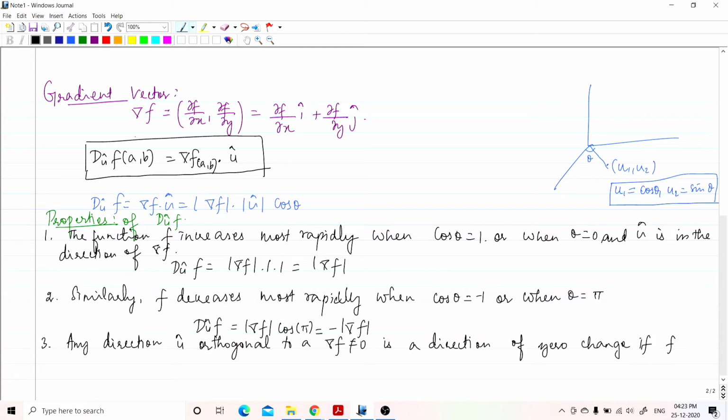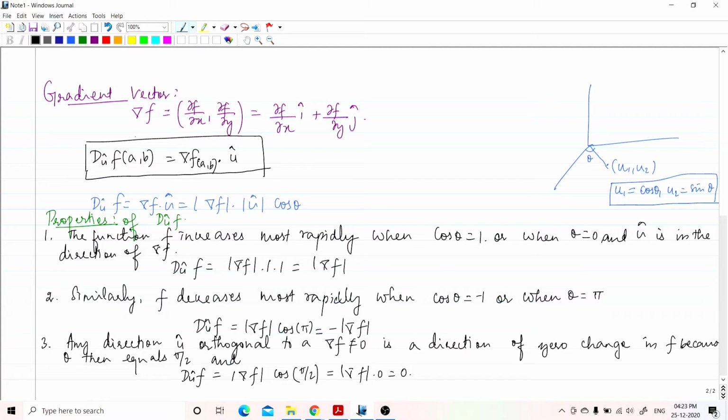That is given by this property, because theta equals pi by 2, and your D_u f is going to be the absolute value of del f times cos pi by 2, which is del f multiplied with 0, which is 0.